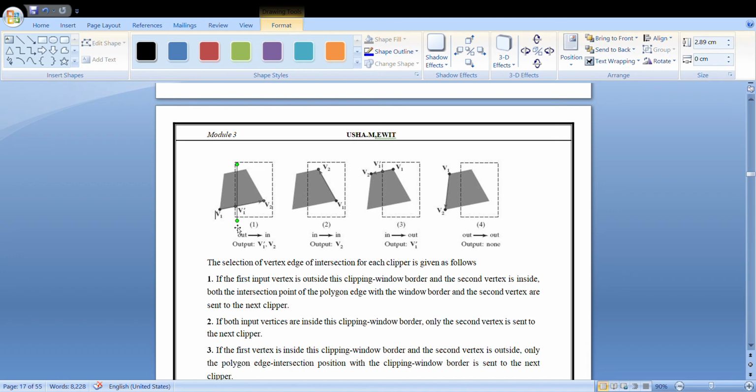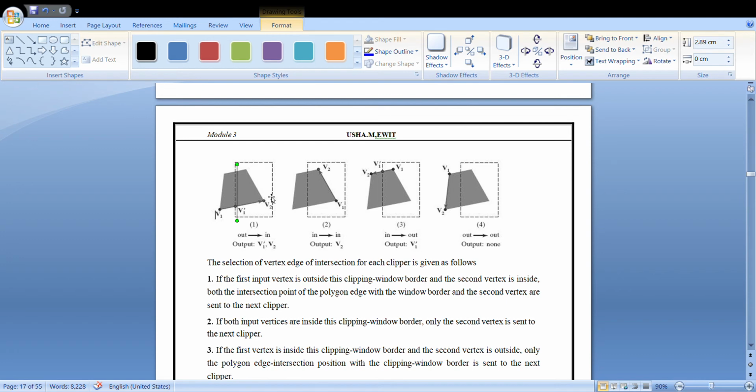So if you assume in that way, to brief here, which all points are within the boundary, I can easily say that V2 is within the boundary. I need not worry about it. And when I talk about a line V1 to V2, this V2 is inside. So this is a case wherein the first point is outside the boundary and the second point is inside the boundary.